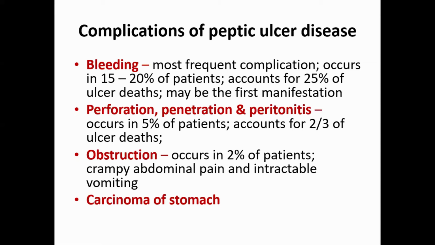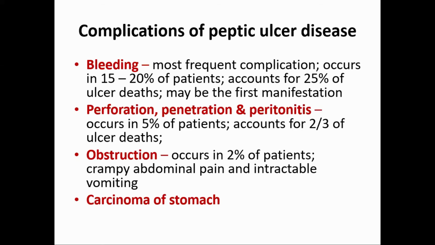Gross, size is less than 4 centimeter. And then complications. So: definition, site, etiology, pathogenesis, morphology, gross and microscopic, and complications of peptic ulcer. This is what you are supposed to know.